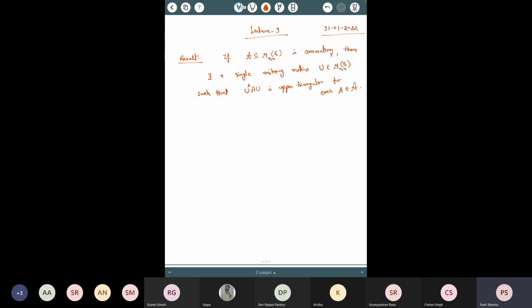Oh, that is not true. Sorry, mistake. If you have a family of simultaneously triangularizable matrices, the family need not be commuting. We'll see one example, but you will also see it in the proof. So it is only one direction.